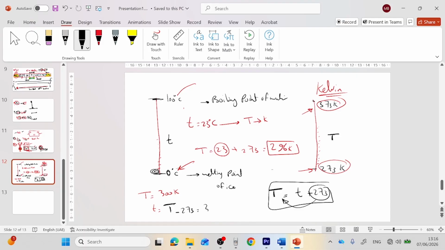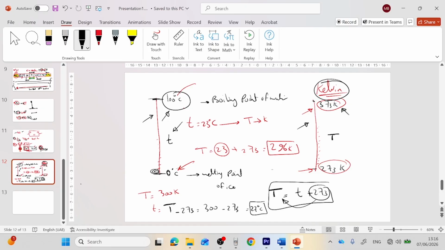So it will be 300 in this case minus 273, which is 27 degrees Celsius. This is how you can convert between the Celsius scale and the Kelvin scale. Kelvin temperature is equal to Celsius temperature plus 273, and Celsius temperature is equal to Kelvin temperature minus 273.